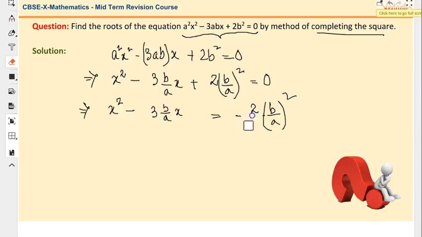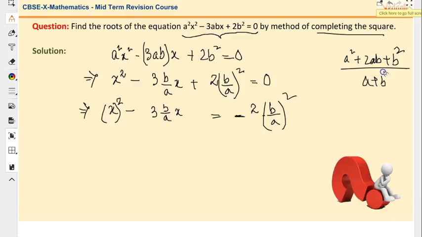Okay, so now once I have done this, how can I make this a whole square? To make this a whole square, what do I need? Suppose I need a square plus twice ab plus b square. This is my formula for a plus b whole square.